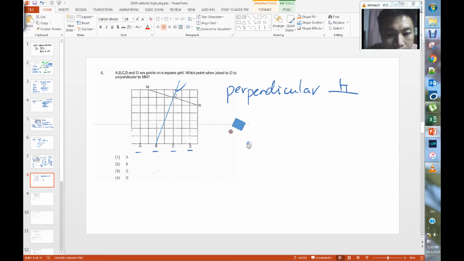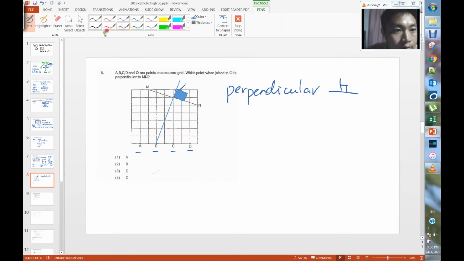You can actually test it. So when you join O to B, you get a 90 degree angle here. Therefore you choose option 2, and the rest A, C, D will not be perpendicular to MN.